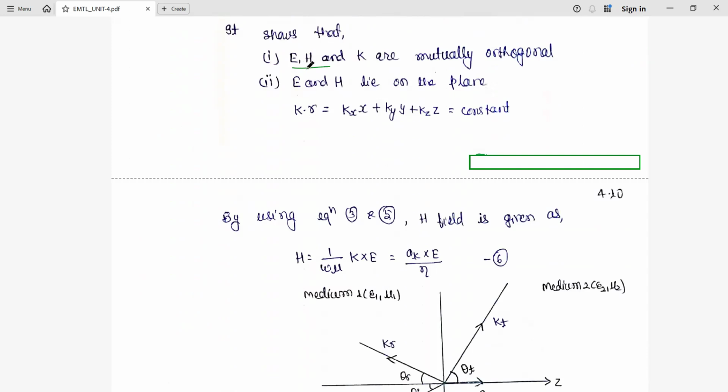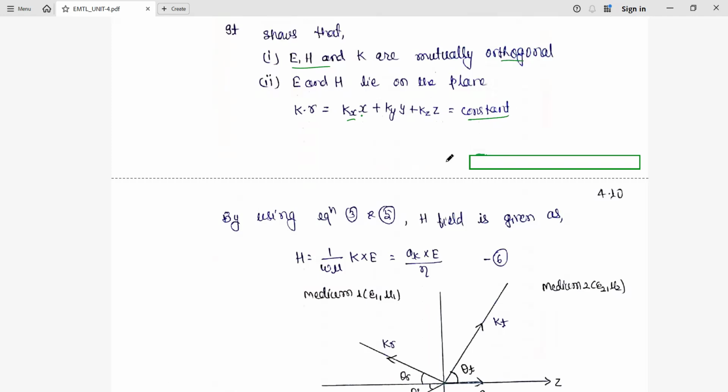Already we know that in a transverse EM wave, E and H are perpendicular to each other and perpendicular to the direction of propagation. So E, H, K are mutually orthogonal, and E and H lie on a plane. K dot R is defined here as Kx times x plus Ky times y plus Kz times z.